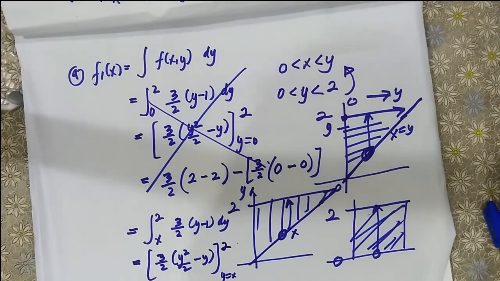Now if I solve this problem, the final answer here is 3 over 2 times 4 divided by 2 is 2, 2 minus 2 is equal to 0, minus 3 over 2, y is equal to x, so x squared over 2 minus x. So this is the equation here.